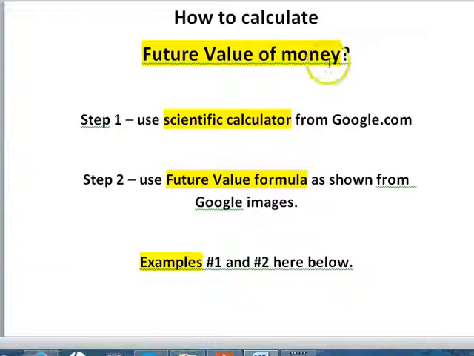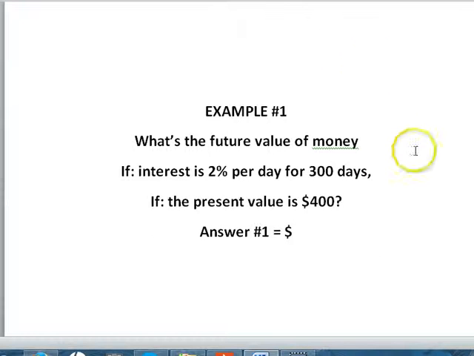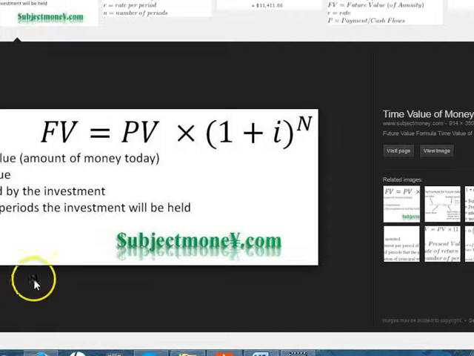Our example number one is asking us, what is the future value of money if the interest is 2% per day for 300 days? And the other given is the present value is $400. So let's go to our formula and figure that out.